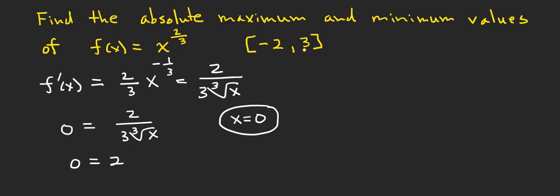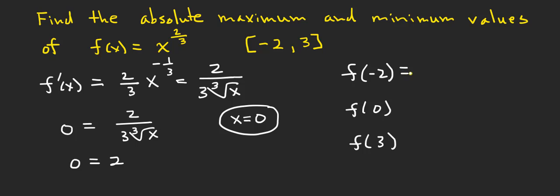So how do you find the absolute max and minimum values? What is the y value of the function? So what we need to do is plug in and find f of -2, f of 0, and f of 3. And what are the values? What is f of -2?